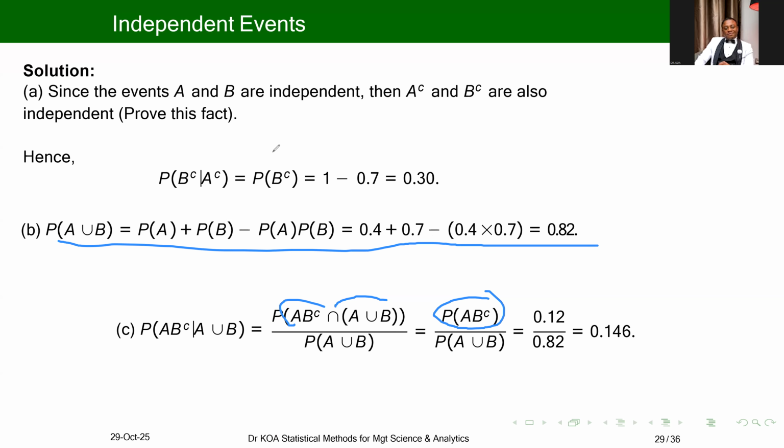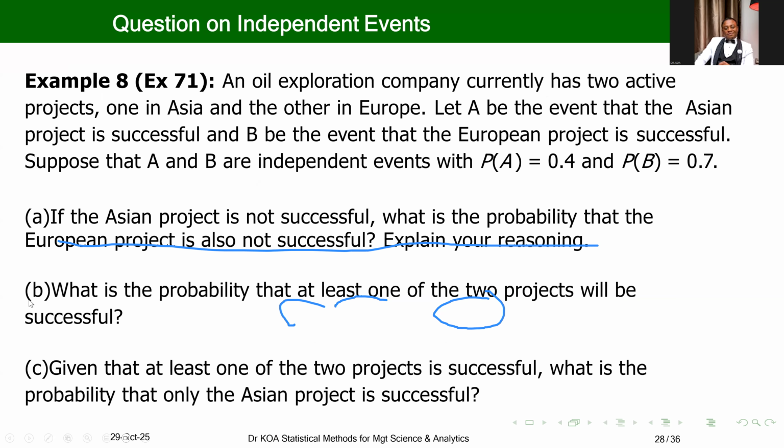Given the information that we originally had, let me take it back to the original information. Probability of A is what? 0.4. Probability of B is 70%. What will be B complement? 30%, 1 minus 0.7, which is 0.3. Good. So what is probability of A multiplied by that?